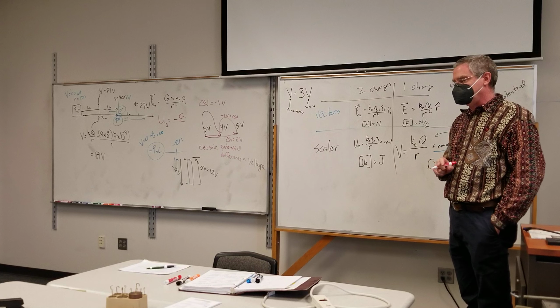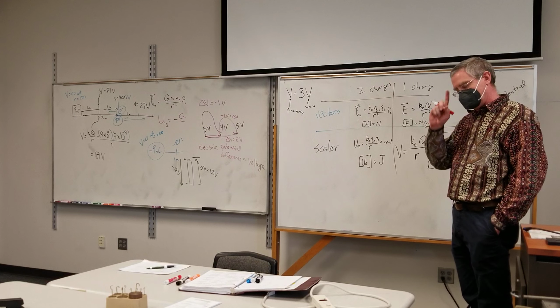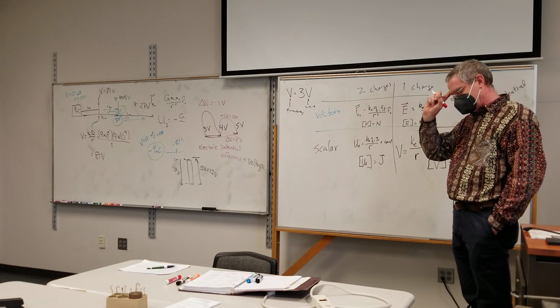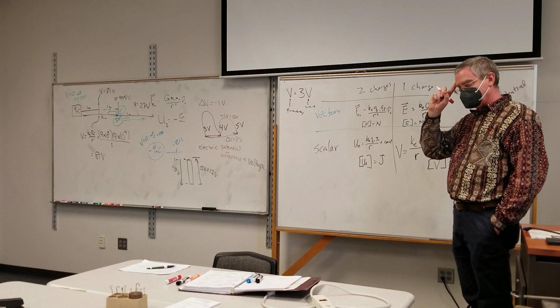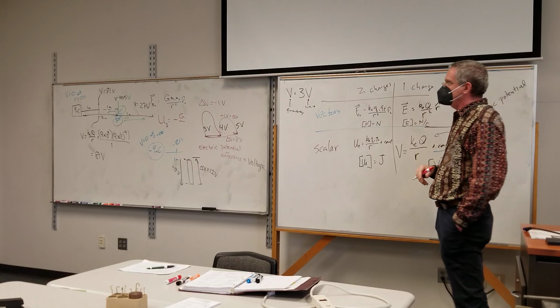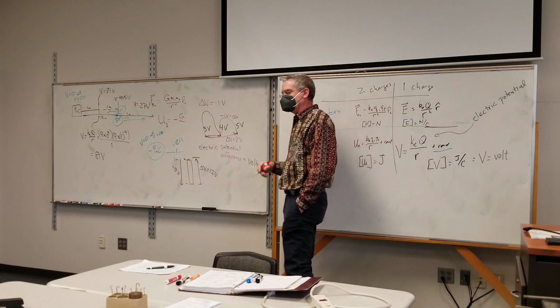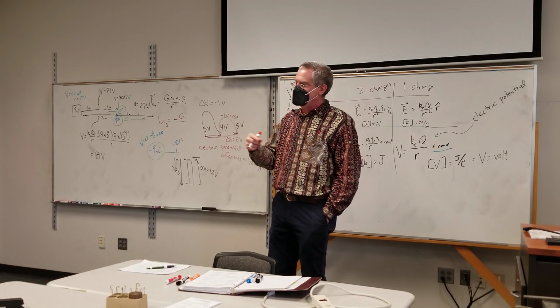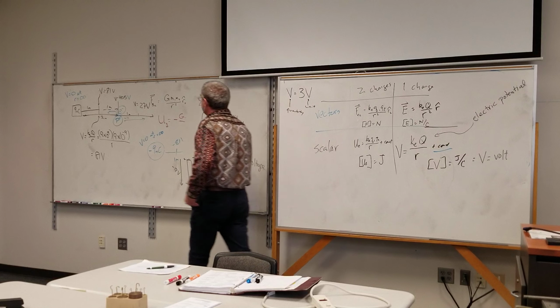Now, the textbook, not every textbook, and I cannot remember specifically about yours. Some textbooks are very picky about it, and some textbooks are, let's just relax, let's just use the same symbol for potential difference and potential. Here's the reasoning.